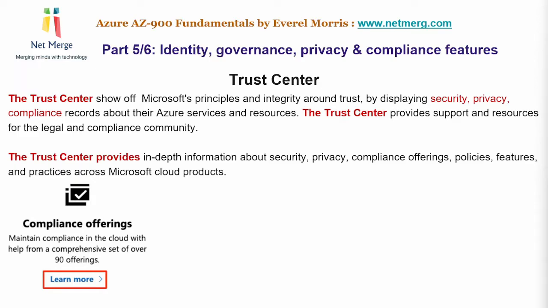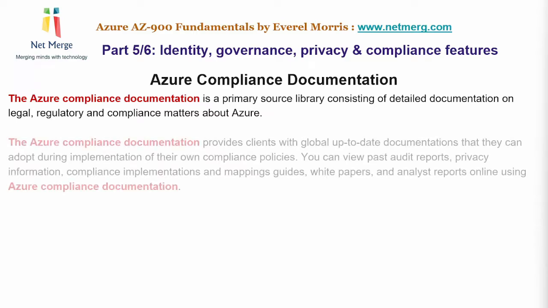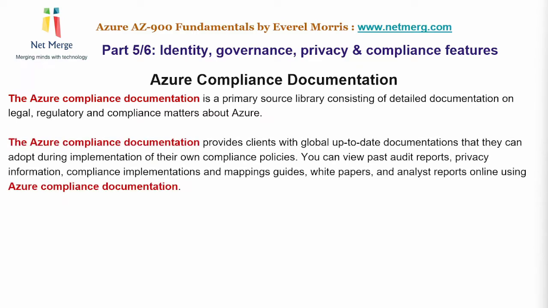This is the compliance offering. Now let's look at Azure Compliance Documentation. The Azure Compliance Documentation is a primary source library consisting of detailed documentation on legal, regulatory, and compliance matters about Azure. There's more detail about the compliance, how you can get up-to-date documents and adapt during implementation, so you could get guidelines on how to implement certain compliances of your own.